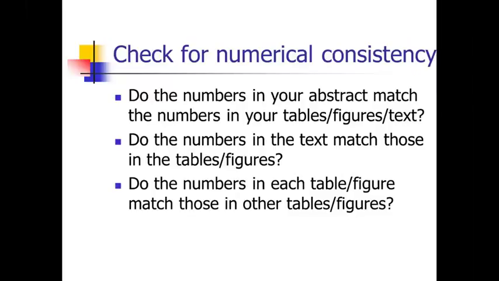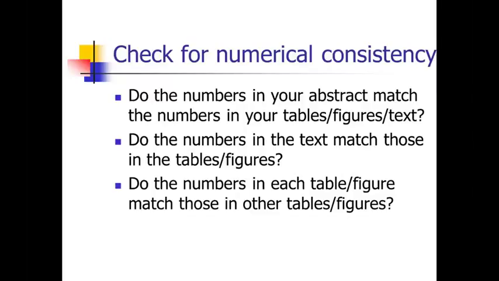I don't know why that's such a frequent occurrence. I think it's possibly that people write the abstracts first for a presentation before the data analysis is really final, and then they cut and paste that abstract in and forget to change all the numbers. Or maybe there's a cutting and pasting error from going from the tables and figures in the text to the abstract. I don't know why it is, but there often seem to be a lot of inconsistencies there.